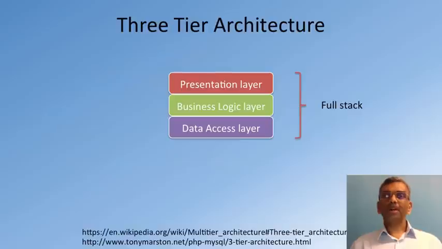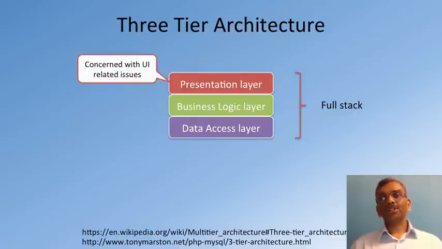We often hear people talking about the three-tier architecture for web development and implementation. Now, in this approach, which is a common client-server software architecture pattern, the entire development is divided into three layers. The presentation layer, which is concerned with UI-related issues and how to present the data to the end user.